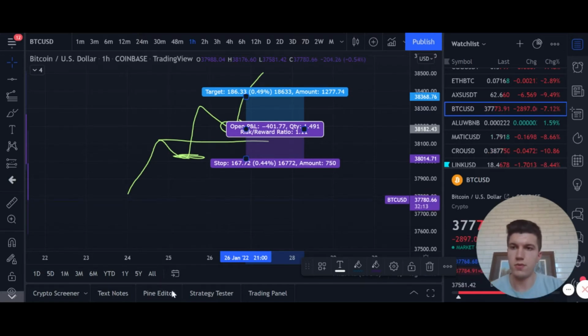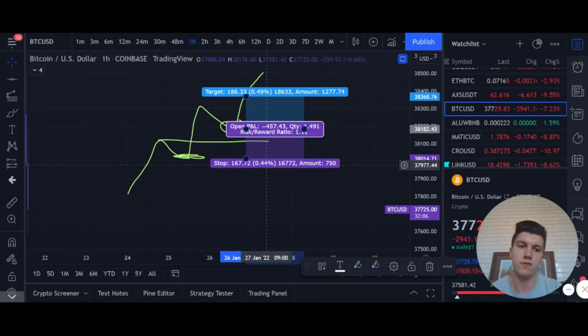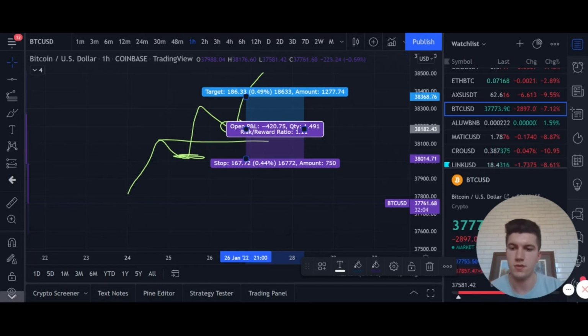And so if I pull up my calculator here, if I have a 0.44% stop loss, and I am willing to risk $1,000, divided by the stop loss percentage, so it'd be 0.0044.